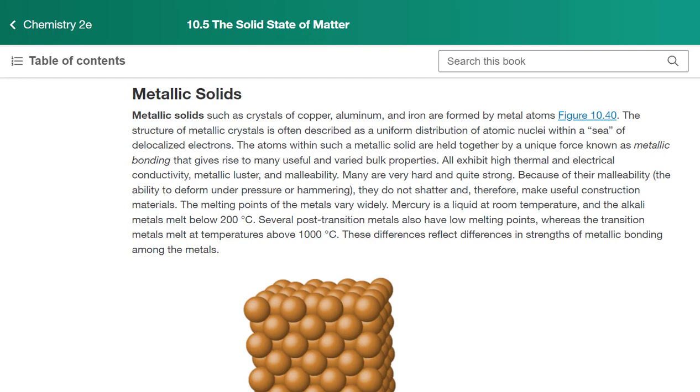All of them are trying to lose electrons at the same time. So what ends up happening is you have all of these positive charges of the core electrons and nuclei of the metal atoms, or metal ions essentially, and then that is surrounded by what we call a sea of electrons. These are what we call delocalized electrons. They're not necessarily on a particular metal atom.